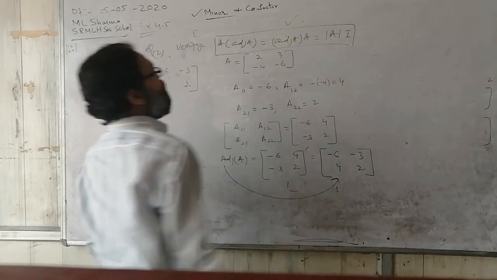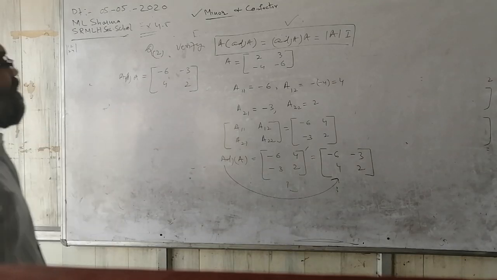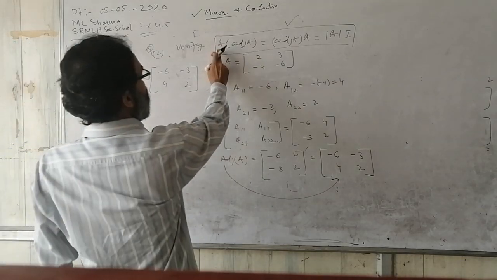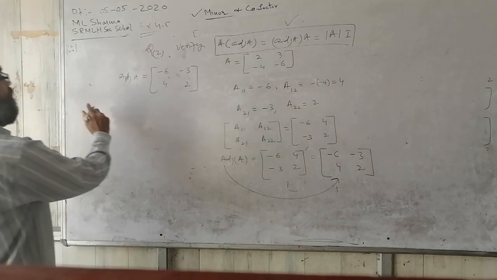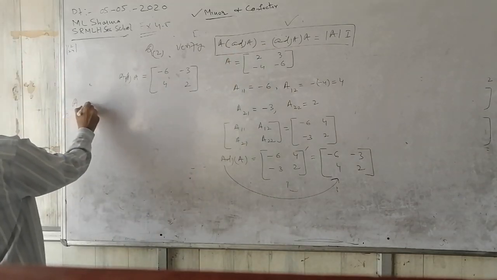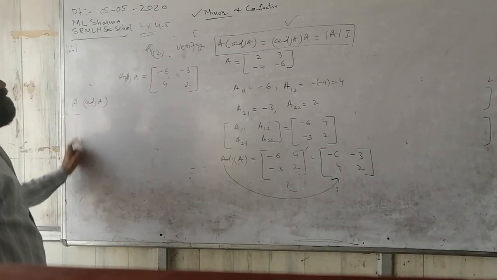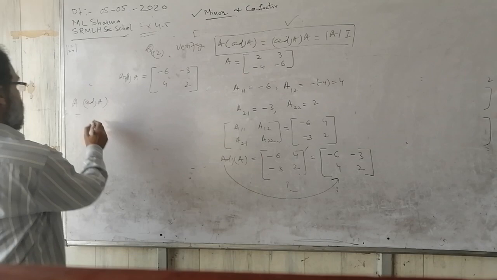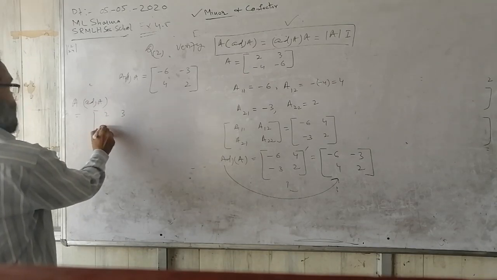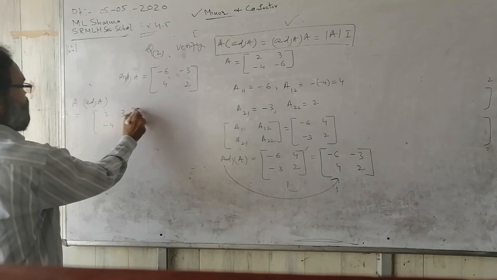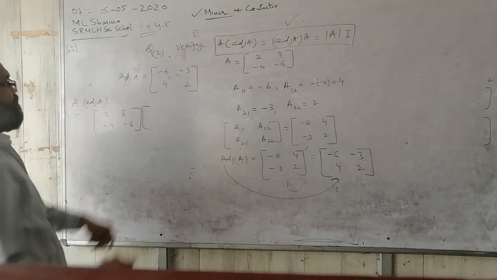This is the theorem. So for this I will multiply matrix A with its adjoint. Now A into adjoint A will equal to, the value of A matrix is 2, 3, minus 4, minus 6 into adjoint A, which I have just found.